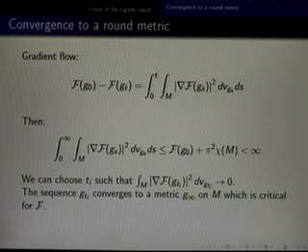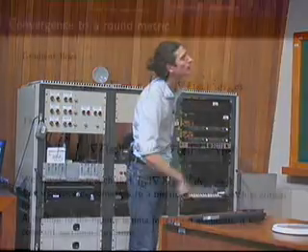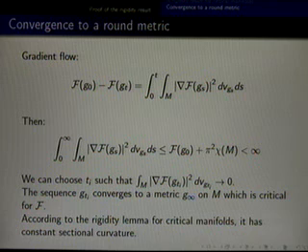Here you don't rescale your metric, so the limit will be a compact manifold. So g_{t_i} converges to a compact manifold, which is critical for the functional f, and that satisfies this pinching here. So you can apply the rigidity lemma for critical manifolds, and it shows that the limit is a metric of constant sectional curvature.